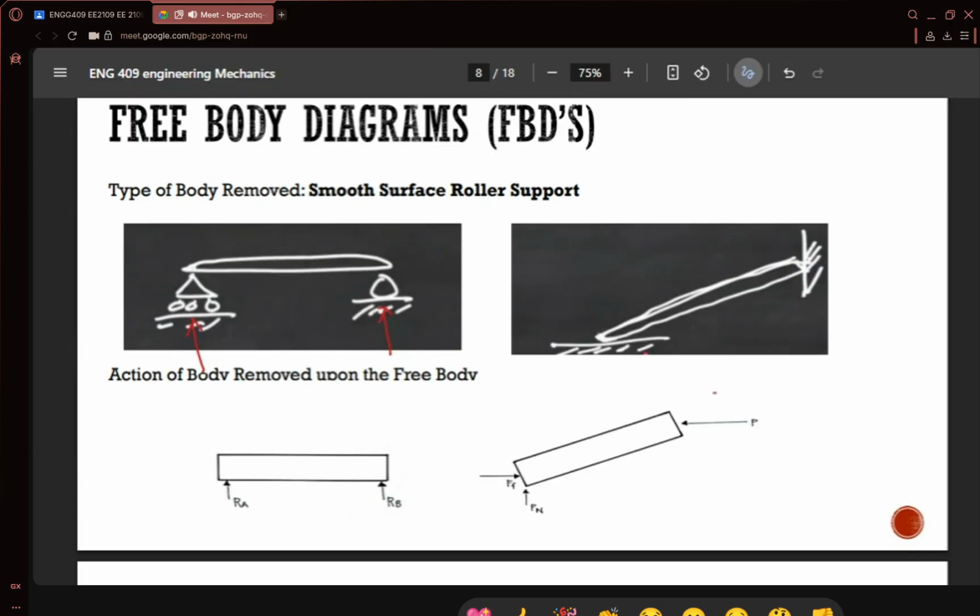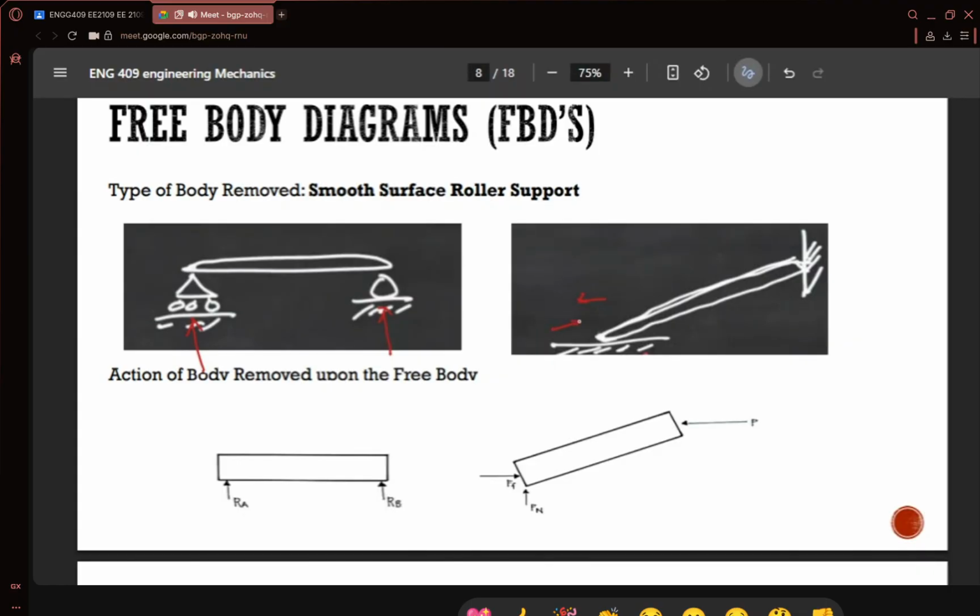Okay. So some more examples here of FBD. These are both just surfaces, right? I'm not sure if there's a support here because it was written here that there is a frictional force. So there's a frictional force here because, as you notice, for example, this is a ladder. It's preventing from sliding in this direction.